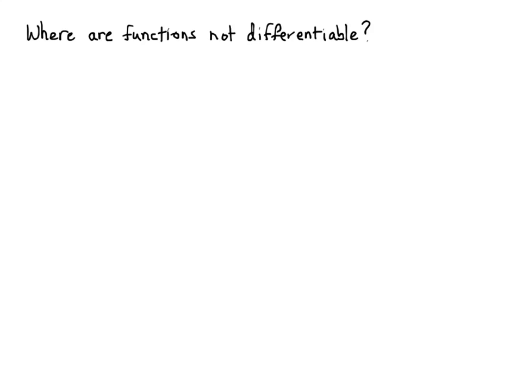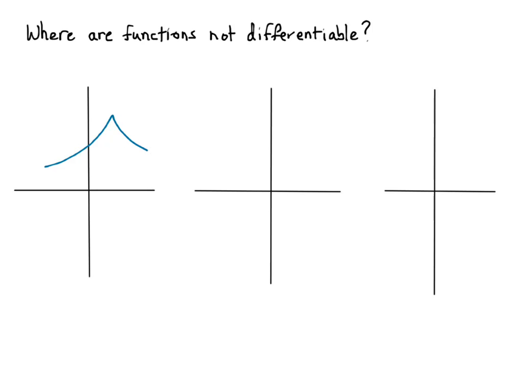So where are functions not differentiable? Let's look at this a little bit more broadly now. We have essentially three different scenarios where it's not differentiable. One is at a corner, like our absolute value, or if that corner exists in any other fashion.